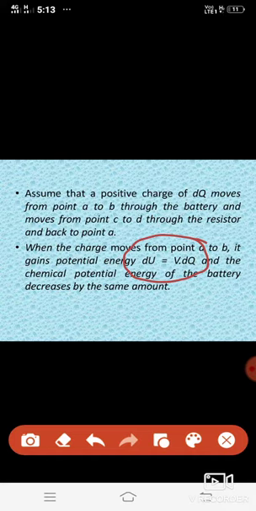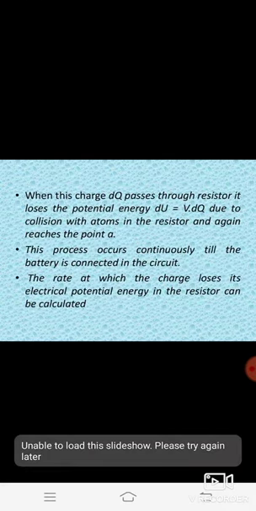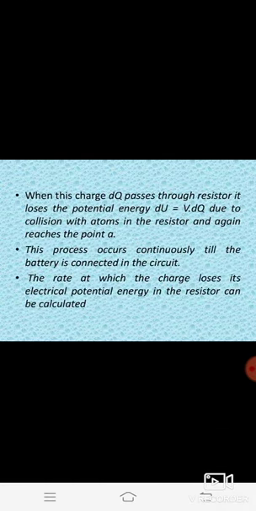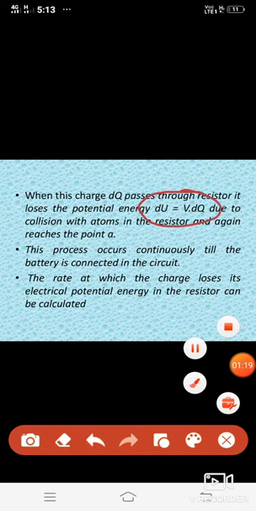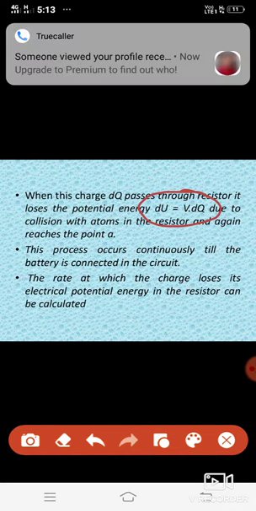Okay students. When this charge dq passes through the resistor, it loses potential energy, that is dU is equal to V into dq. When the charge passes from A to B, it gains potential energy because it is connected to the battery.